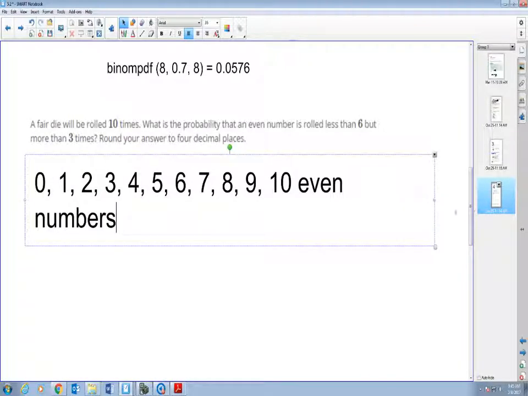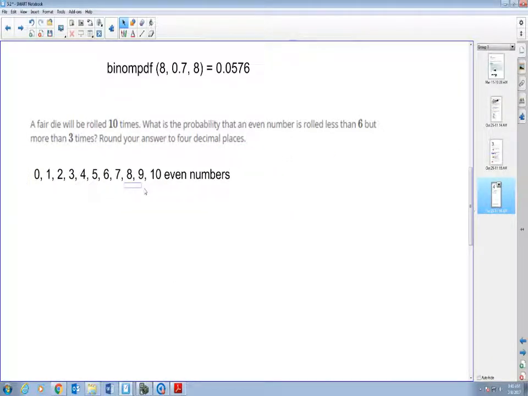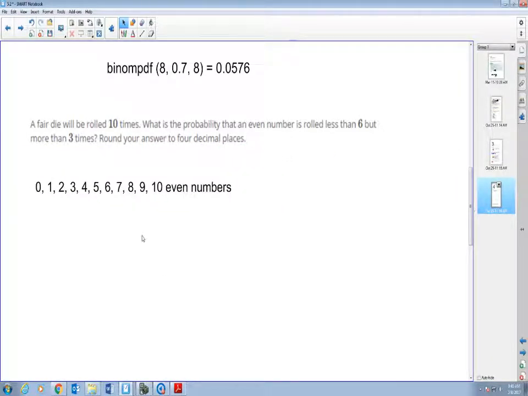This is what I can potentially roll. I roll 10 different times and I want even numbers. I can roll no even number at all, which means all 10 rolls are odd: 1, 3, and 5. I can do this all the way up to 10 even numbers.